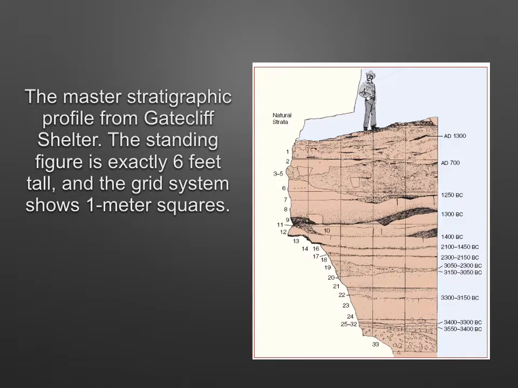This is showing layers 1 to 33 out of 56 total that were recorded for the whole site. The geoarchaeologist has numbered the layers sequentially down the left side and put the calibrated calendar ages on the right.